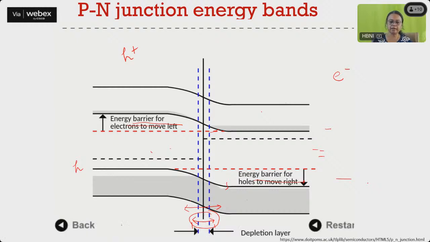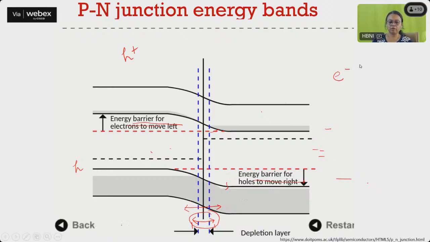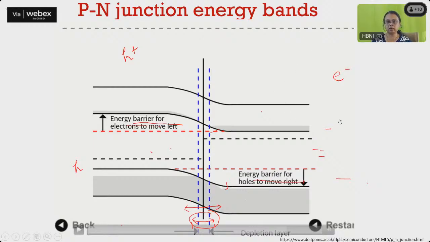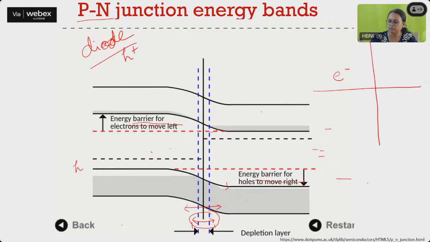So using this band diagram, we can understand how the energy band changes in a P and N junction under forward and reverse bias, and why it conducts. You are very much aware that a PN junction is nothing but a diode. And how does the IV characteristic look?